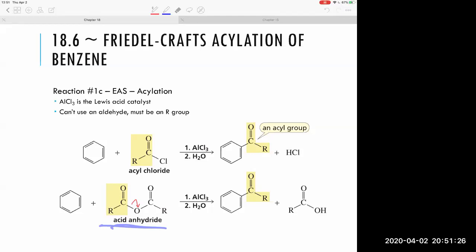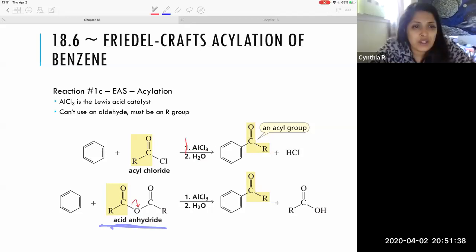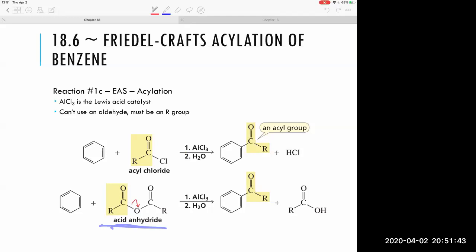Okay, but again, once we generate our electrophile, then we know what's going on here. So the key thing that we've got to worry about is what the heck is this aluminum chloride doing for us? Did you say that that was the catalyst? It is a catalyst, yeah. And again, it's going to do the same thing as we saw in these other reactions, where it's going to turn this acyl chloride into an even better electrophile.